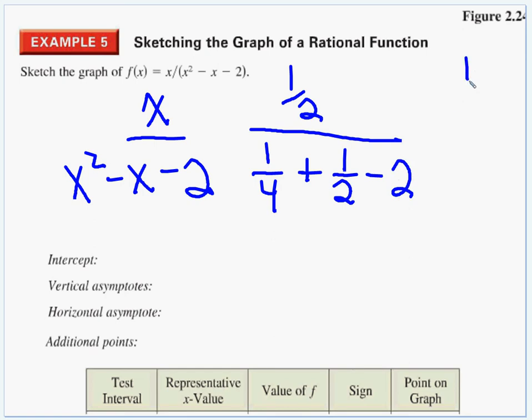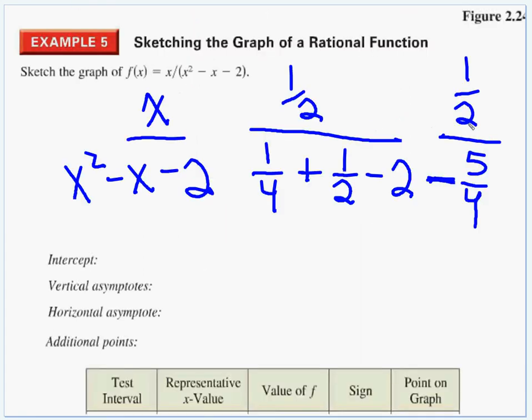So our numerator is negative 1/2. The denominator is 1/4 minus 1/2 is negative 1/4, minus 2 is negative 9/4.